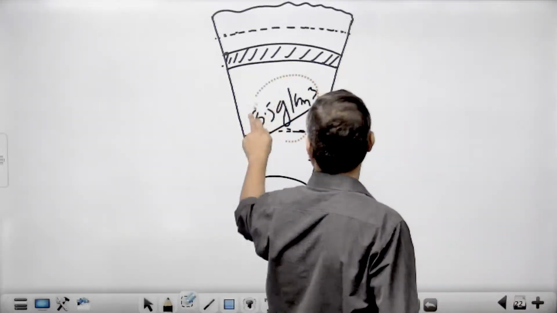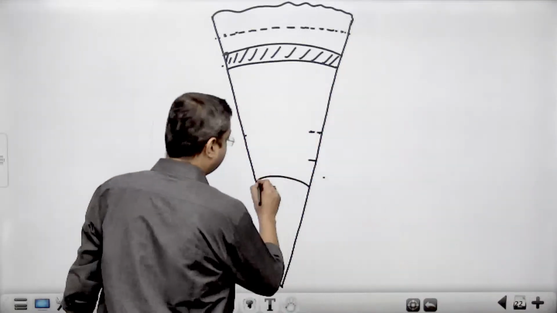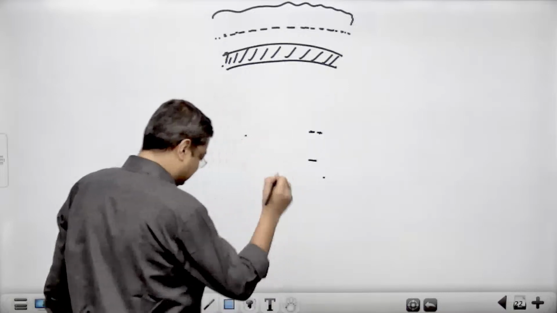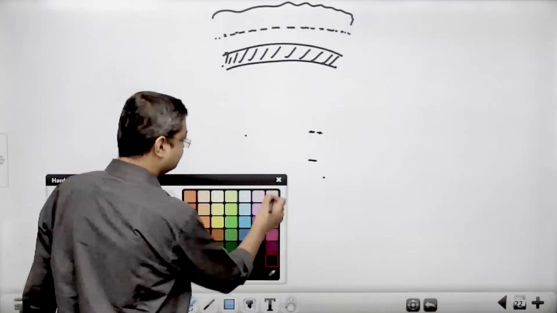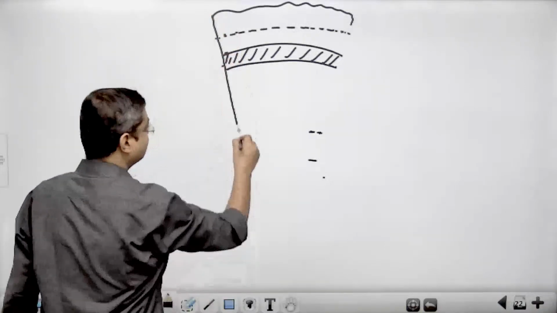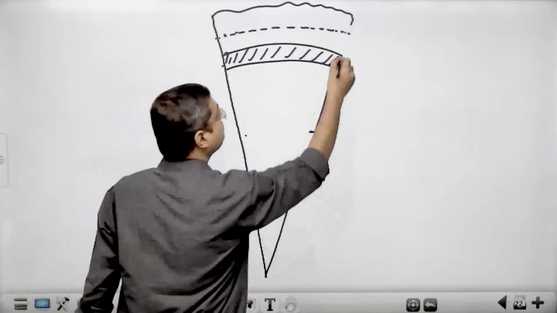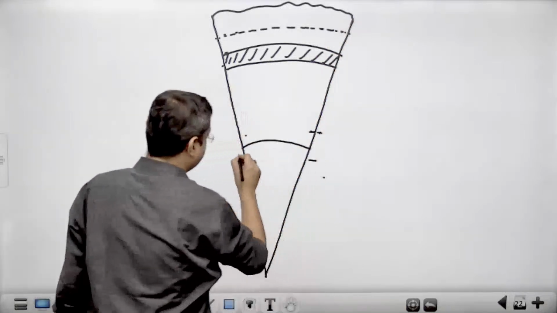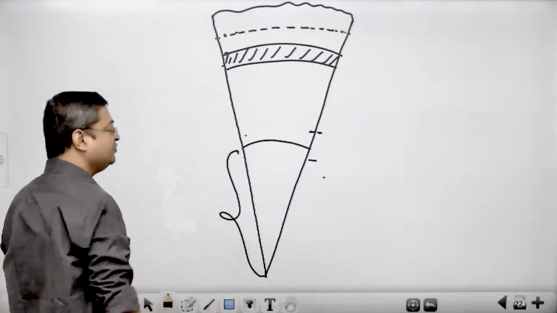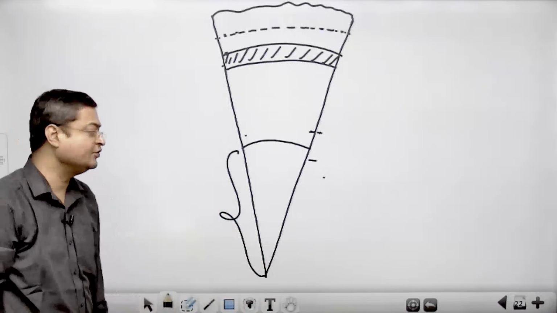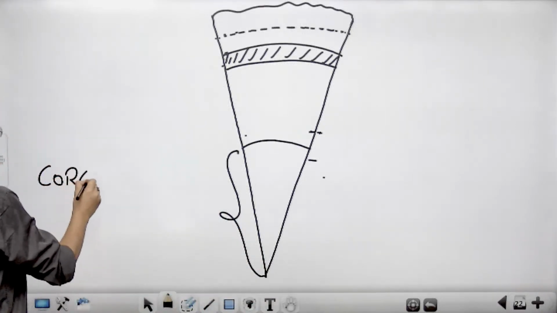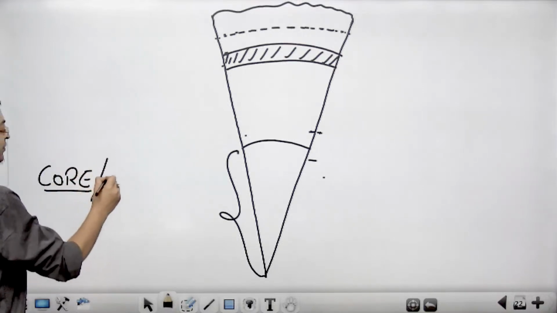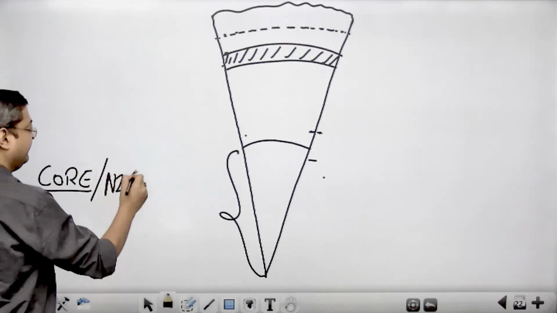Now again, okay, that's right, let's go. We are going to move towards the third layer, that is your core, also known as Nife.